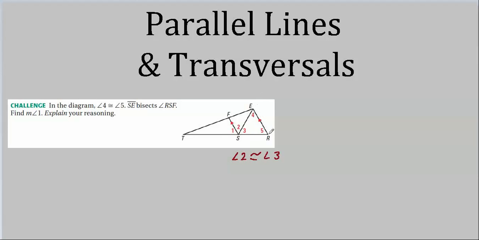So we may indeed make use of the fact that these two are parallel, and that these two are transversals. How are we going to make use of that? Well, these are consecutive interior angles.